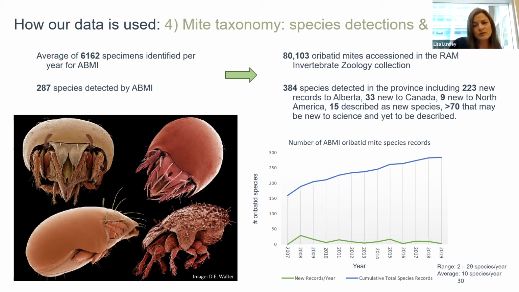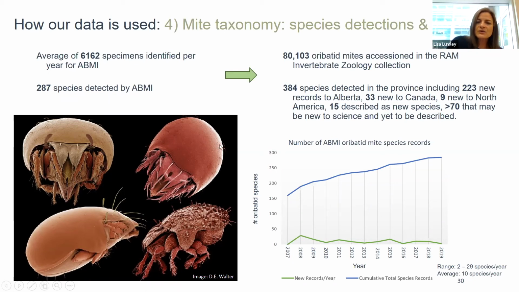So this includes morphospecies. And as some of the species we have not detected yet, but are known for the province, we now have 384 species detected in the province, including 223 new records to Alberta, 33 new to Canada, 9 new to North America, 15 described as new species, and over 70 that may be new to science and yet to be described.